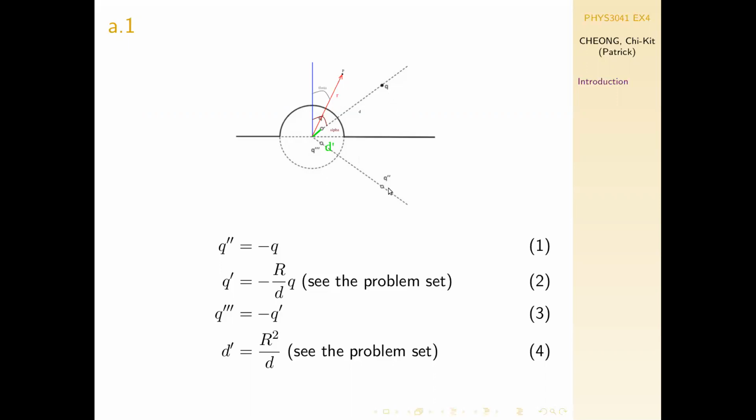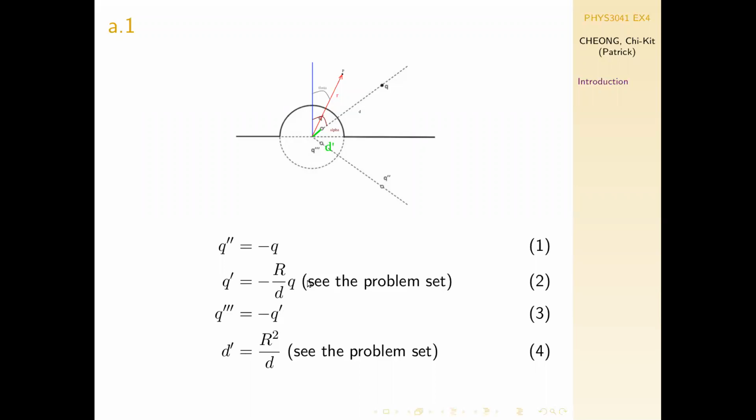For example, we already know that Q double prime is the image charge directly induced by Q, so Q double prime equals minus Q. The same holds for Q triple prime, as this is a mirrored charge from Q prime. So the rest of the problem is how we determine Q prime and also D prime here.